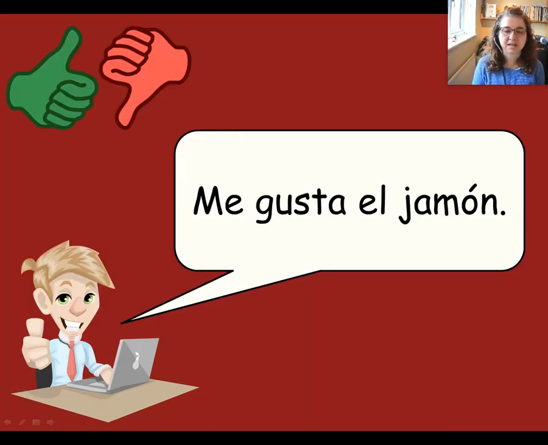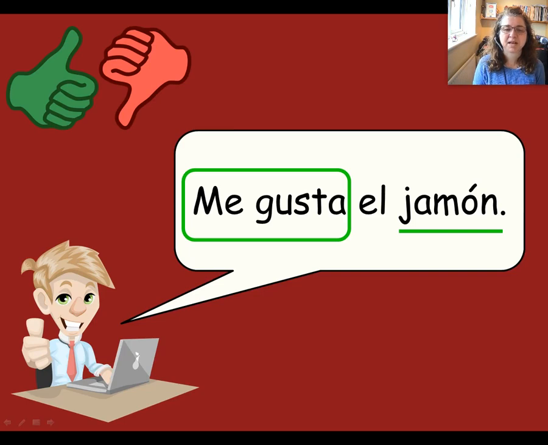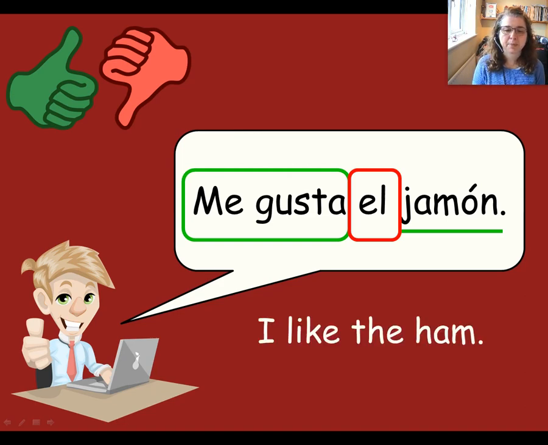Now, here's our sentence again. Me gusta el jamón. And we know, don't we, that it's about ham, it's about jamón. And we said that me gusta means I like, and we know that we have to have el in the middle there, the word for the. So, me gusta el jamón. I like the ham. Well, actually, it doesn't mean that.